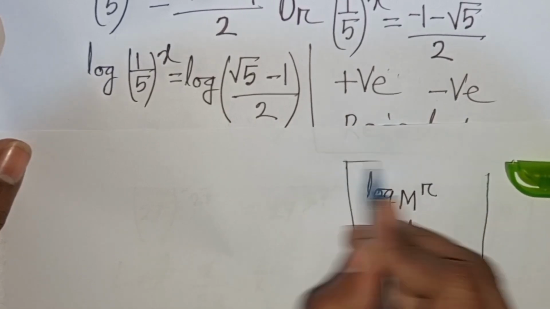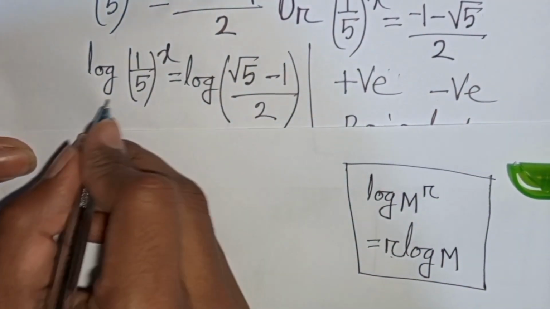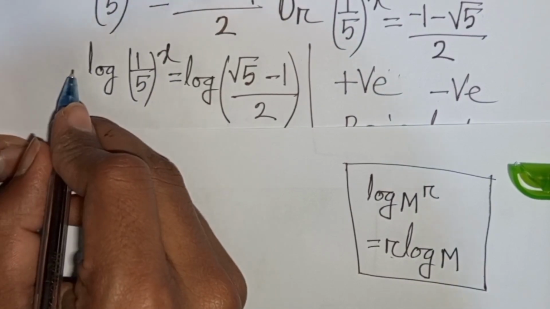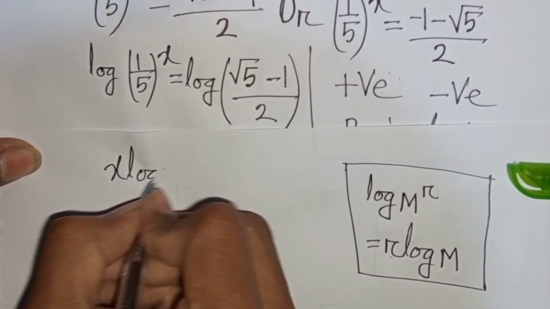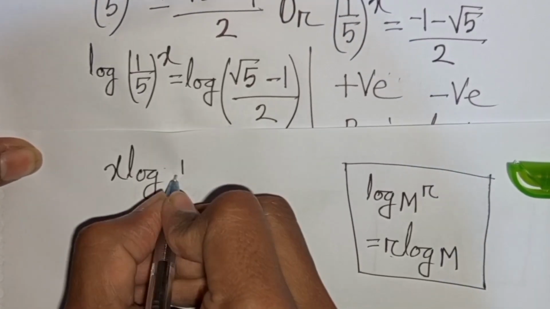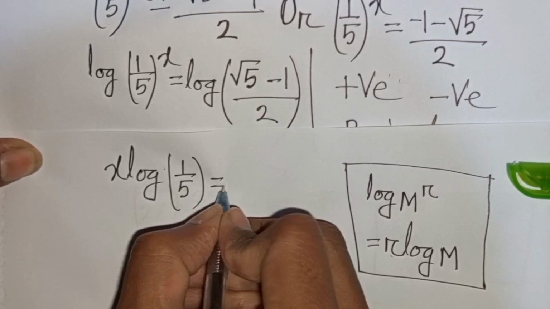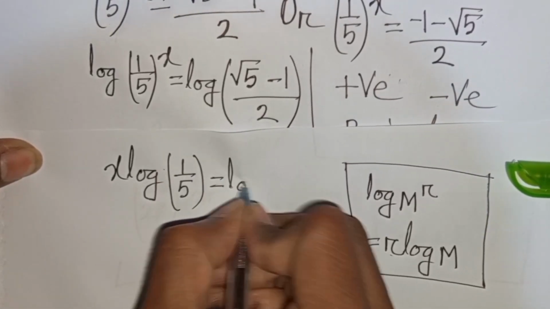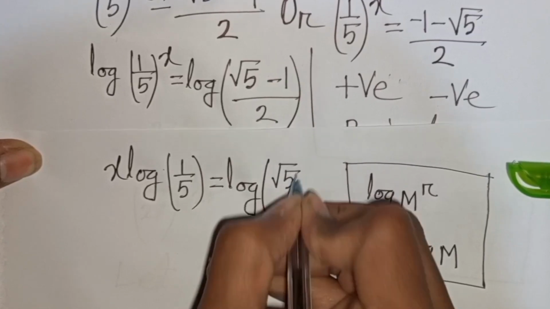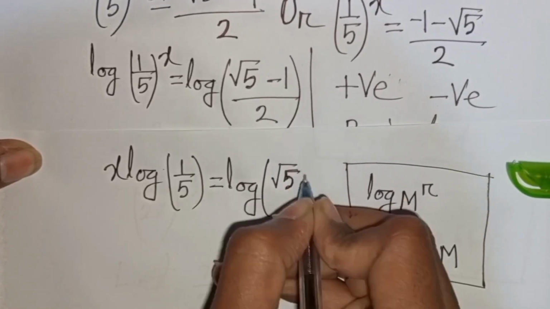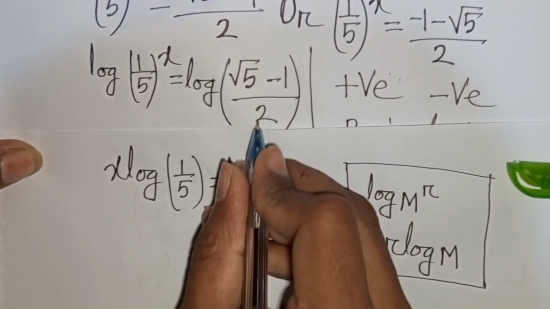That means this power r moves to the front. So this power x will move in front, so we can write x log (1 by 5) is equal to log of (square root of 5 minus 1) over 2.